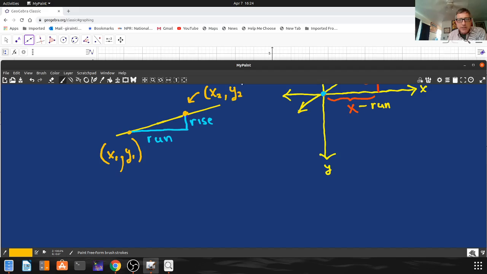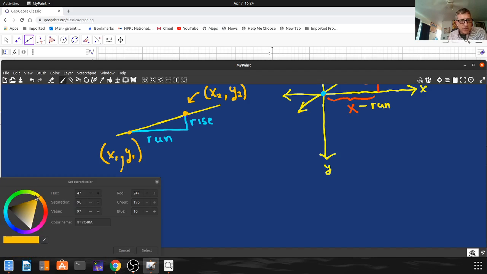These are constants. So by putting the subscript, I'm just letting you know that this is a fixed point. So x1 and y1 are fixed. They're not variables.